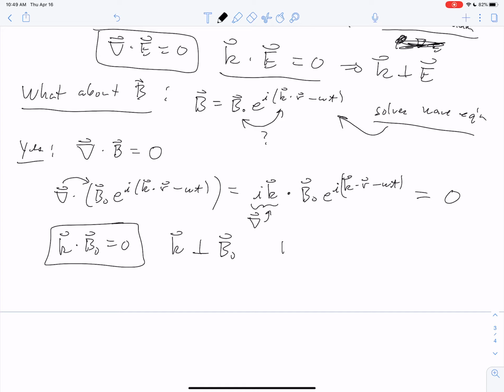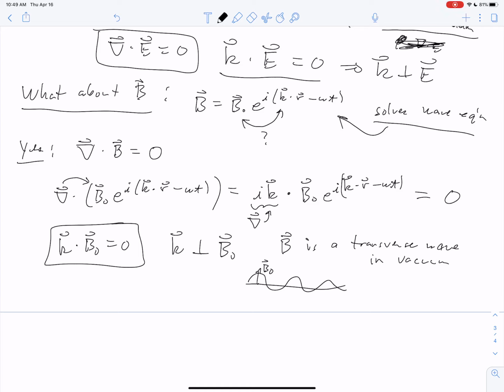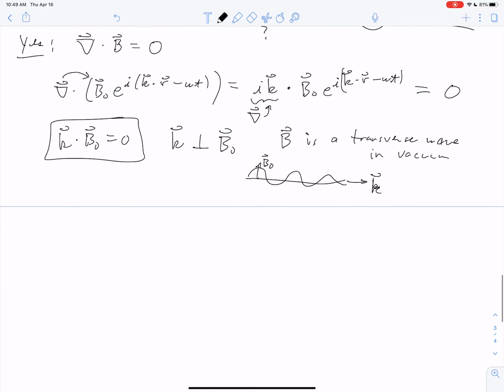So we see that B is also a transverse wave in vacuum, meaning that the polarization has to be perpendicular to the direction. If this is the direction k, to the right, then the polarization has to be perpendicular to it because of Maxwell's equation, del dot B equals 0.